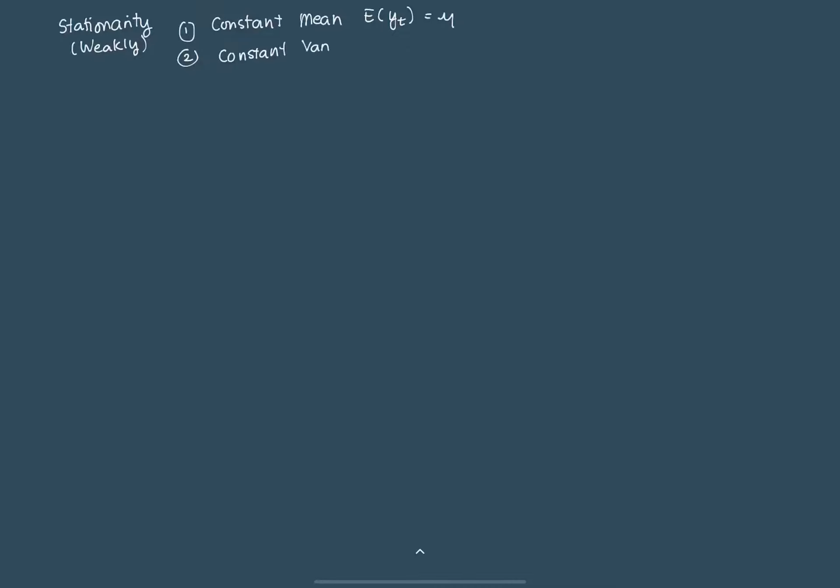So the expected value of the squared differences from the mean, that's yt minus mu, should also be constant, equal to some parameter, say sigma squared.